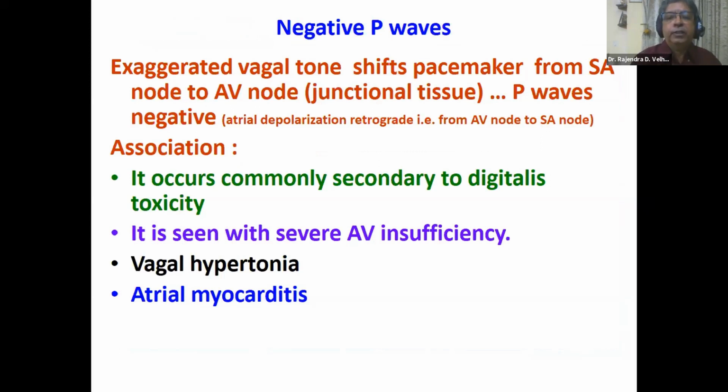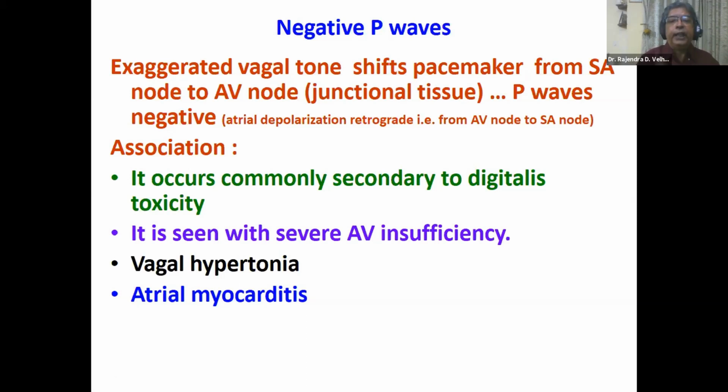This is because when the pacemaker reaches the AV junction, there will be retrograde depolarization of the atria from the AV node towards the SA node, and therefore you find negative P waves on the ECG. And when it reaches the junctional tissue, such a rhythm is described as junctional rhythm and not sinus rhythm.